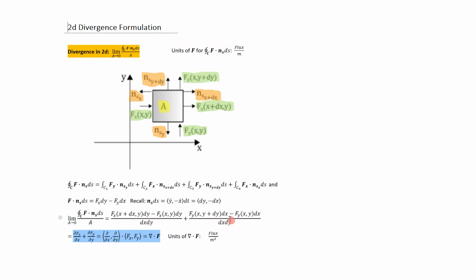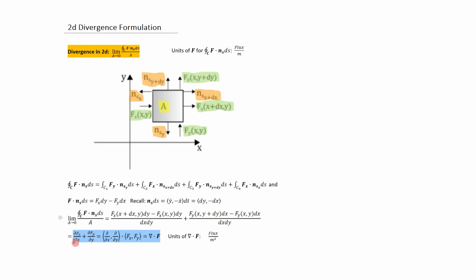And here, dx is common to numerator and denominator, so they cancel. And so what we're left with here is fx valued at x plus dx minus fx valued at x, divided by dx, but that is nothing more than the definition of a partial derivative of fx with respect to x, which is the first term that you see here. The second term is replaced by partial fy partial y.